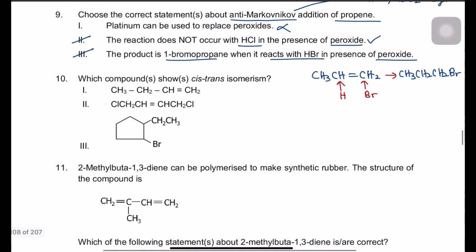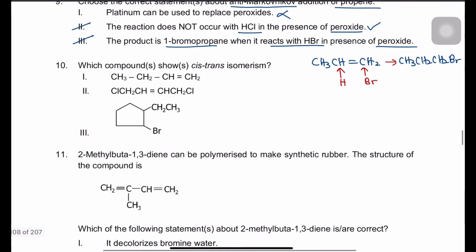Right, question 10. Which of the following compounds can show cis-trans isomerism? When they are asking which can show cis-trans isomerism, you have to go back to your conditions for forming cis-trans isomerism. The first condition is to have restricted rotation. And where does this restricted rotation happen?